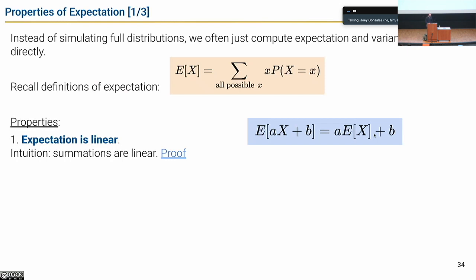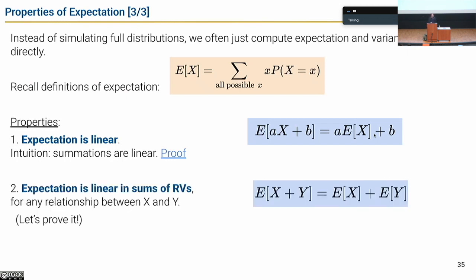Really important rule. Next rule is the expectation of the sum of two variables is the sum of their expectations. No assumptions. So nothing about independence. This is just true.